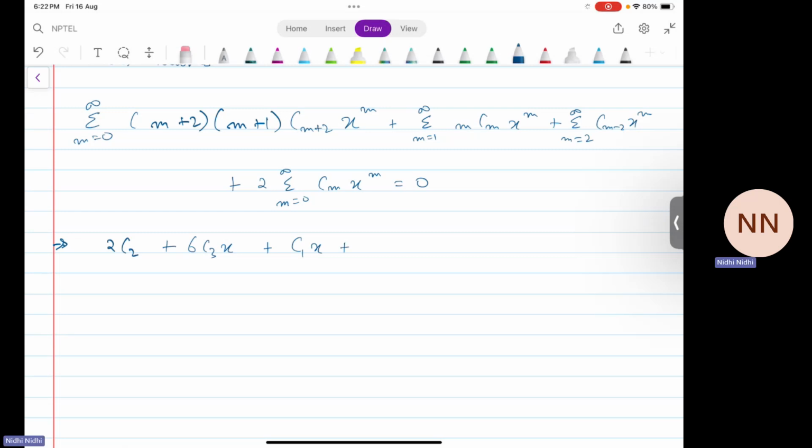Then for this series, the first two terms are 2c0 plus c1x.